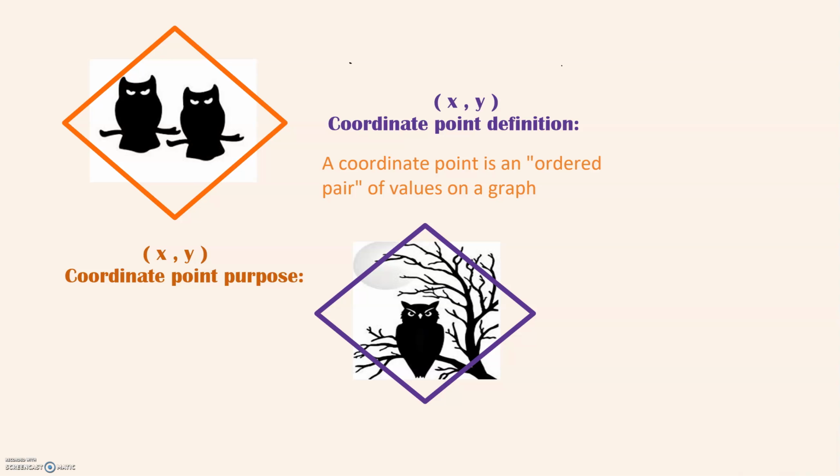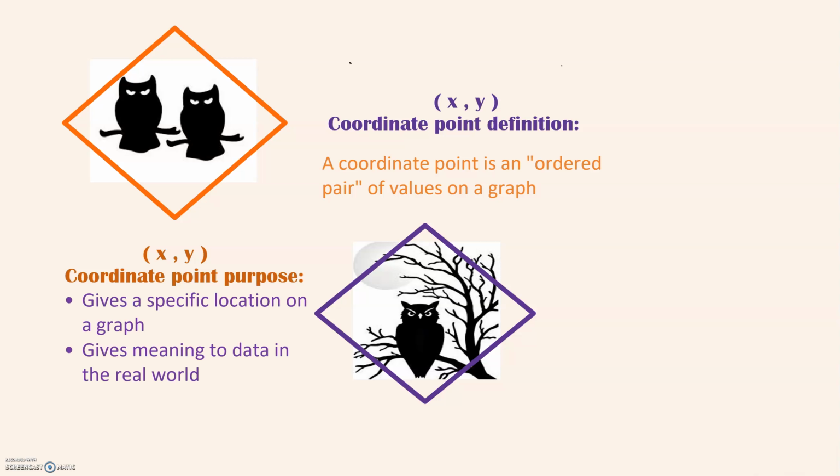So now that you know that a coordinate point is values on a graph, why don't you think about what the purpose is? What's the whole idea of having a coordinate point? A coordinate point's entire purpose is to give a very specific location on a graph. I like to say that this specific location is like the address.